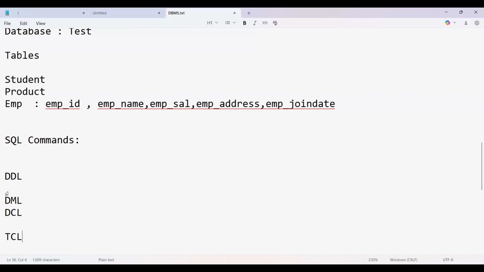So SQL commands. DDL is nothing but data definition language.